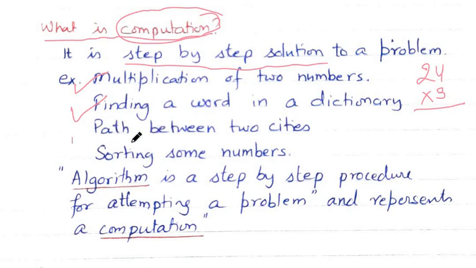Another problem you can assume is the path between two cities. You have many cities, and we want to know whether there is a path from one particular city to another.